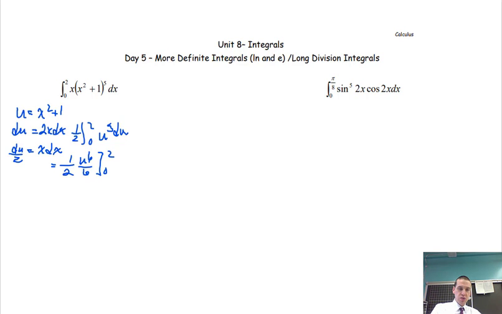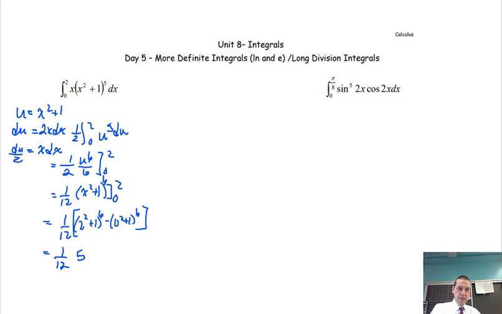You can pull that 1/6 out, so I'll get 1/12 u, which was x squared plus 1, so we'll plug that back in from 0 to 2. And now we'll evaluate the definite integral, so we'll get 2 squared plus 1, oh, we gotta make sure that's raised to the 6th there, minus 0 squared plus 1. 1/12, let's see here, 5 to the 6 minus 1 to the 6.